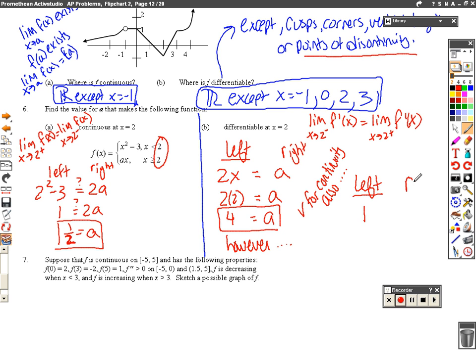And from the right, when x equals 2, the equation is going to look like a, which is 4, times x, which is 2. Does 1 equal 8? No. So therefore, there are no values that make this differentiable. No values make f of x differentiable.